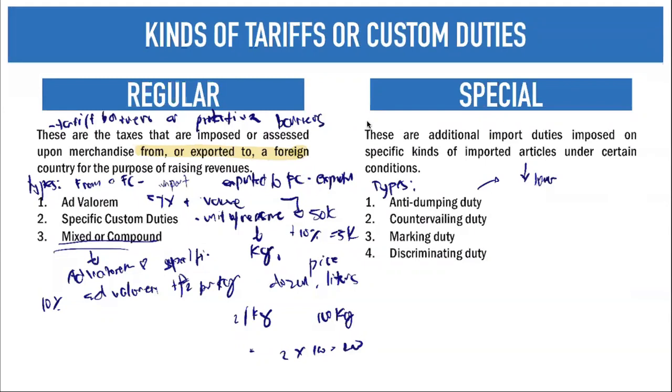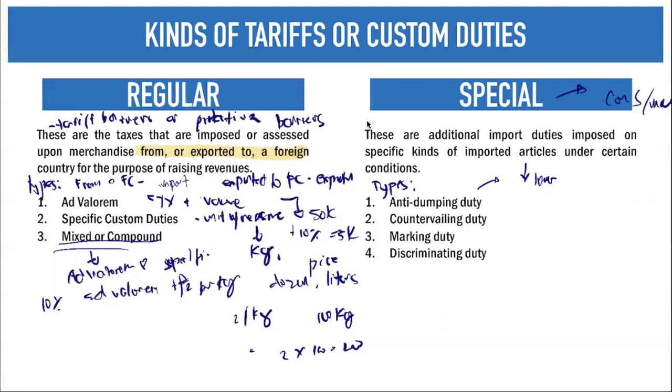So again, take note, special duties are imposed so that we have protection for certain consumers or manufacturers. In your anti-dumping duty, they dump their product here in the Philippines at a lower price.